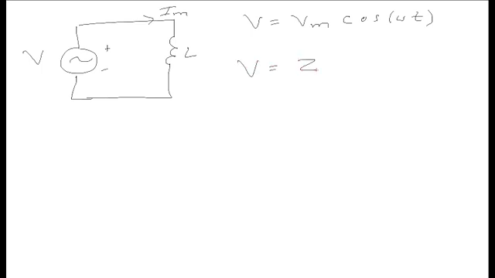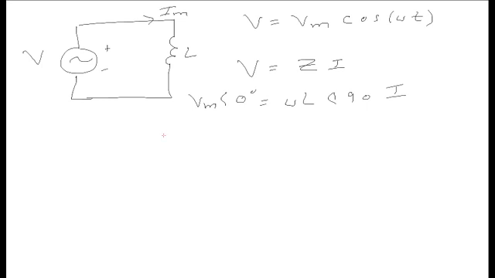V equals Zi. Everything so far will work fine. Z is j omega L, or omega L angle 90. I is what we're curious about. V, we know, is Vm angle 0. I haven't given you a phase. Let's now solve for I and see what we get.